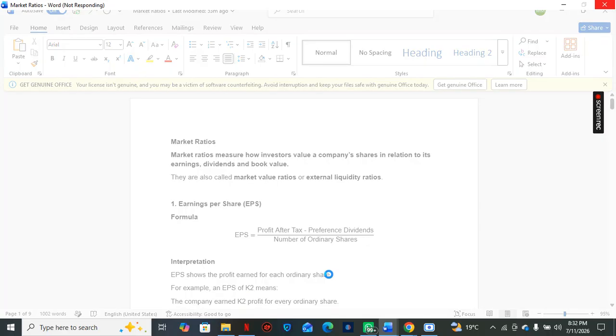Now, colleagues, for example, if a company's earnings per share is going down, how can they improve it?